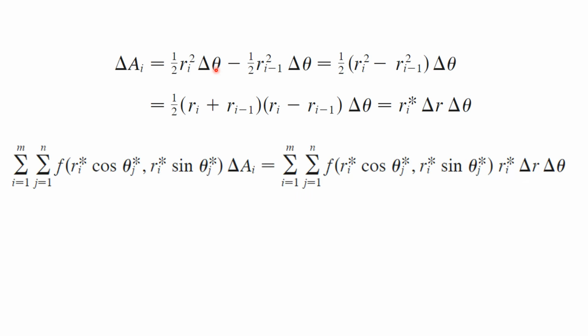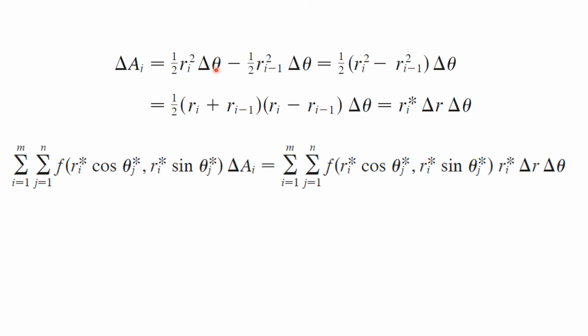The Riemann sum would be the summation from i equals 1 to m and the summation from j equals 1 to n of f of r sub i star cosine theta j star, r sub i star sine theta j star, change of A sub i, which is just equal to the double summation from 1 to m and 1 to n of f of r sub i star cosine theta sub j star, r sub i star sine theta sub j star times r sub i star change of r change of theta.